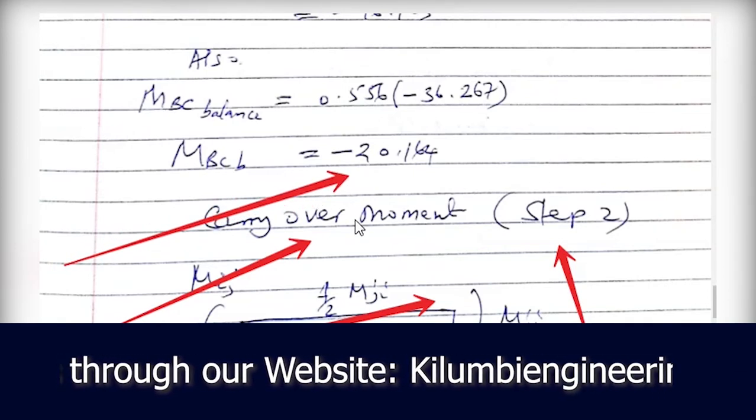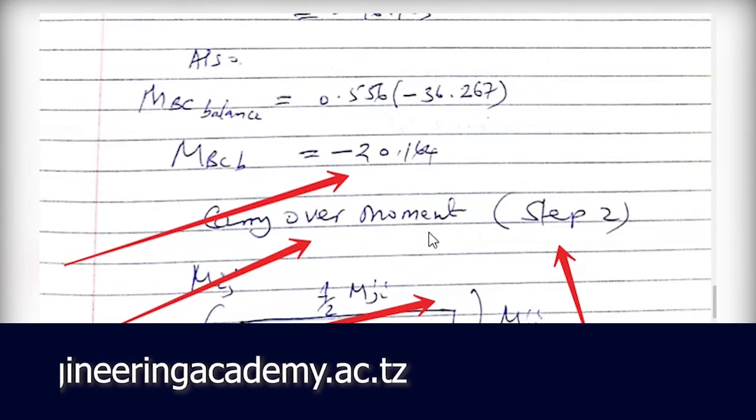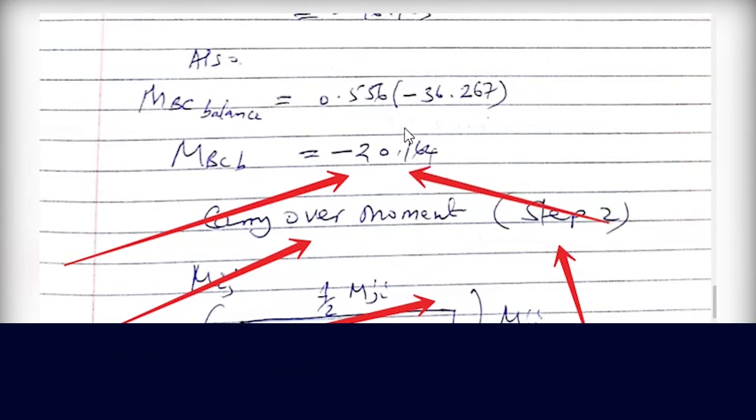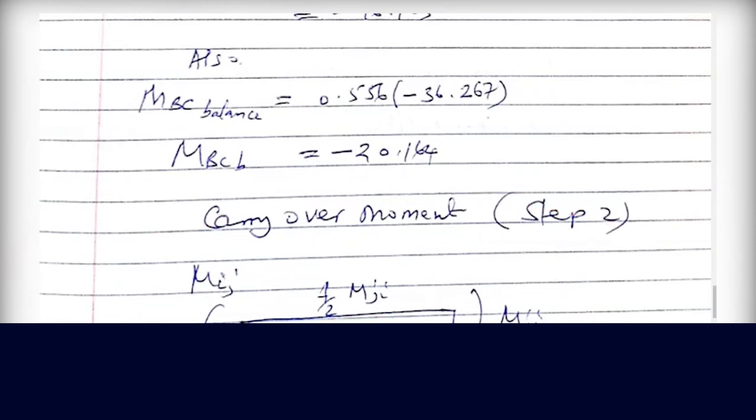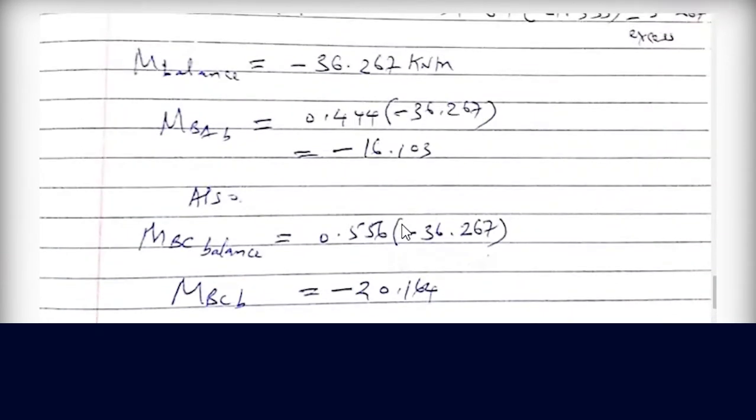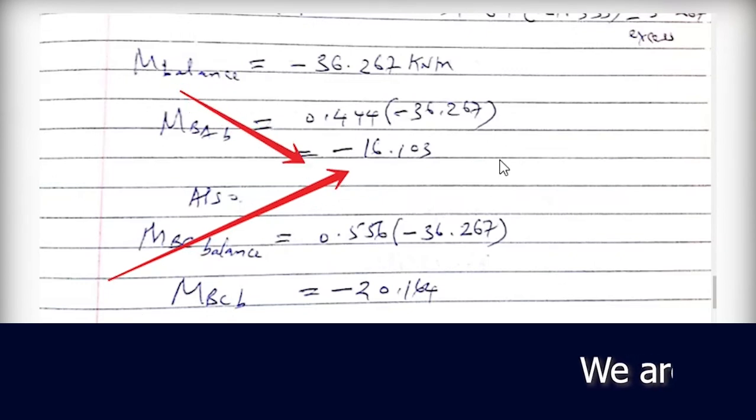This one times a half should be distributed to the left one. The same way, if you take the above moment, which is the right one, the above moment was about 16. So this also should be multiplied by a half to distribute it this way.